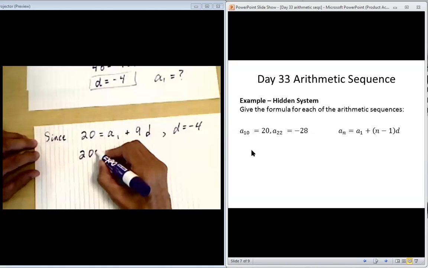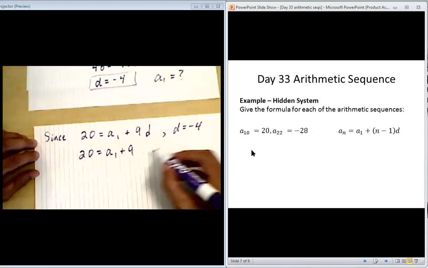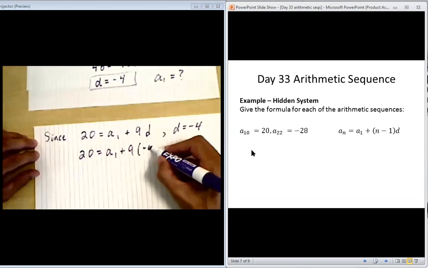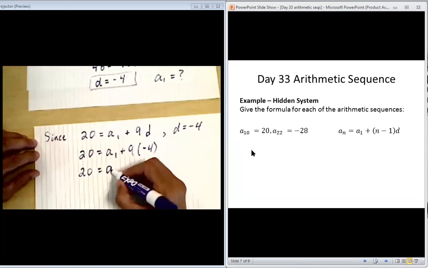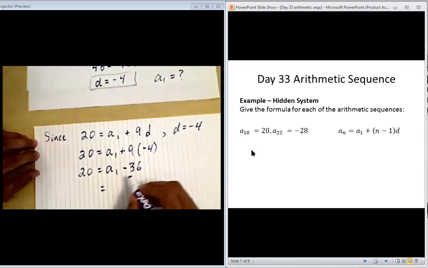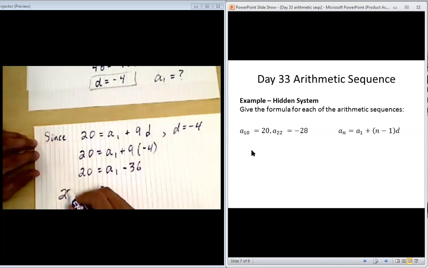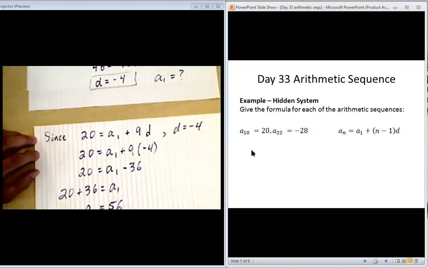We replace d with -4, and you work it out there. a1 minus 36. That goes over to the other side. The 36 goes over, becomes positive. And so a1 is going to equal 56 when we work this out.